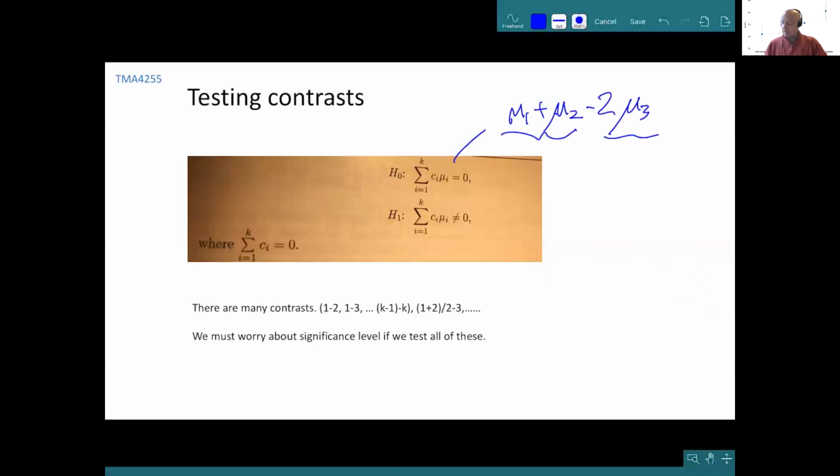Can they be clustered in this way? But overall, there are many different ways of comparison here. You can test this one all the way down to mu k minus 1 minus mu k. Then you tested all singles or pairs. So you can have many tests here. And in the end, one has to worry about the significance level because you do multiple testing. You have to be careful.